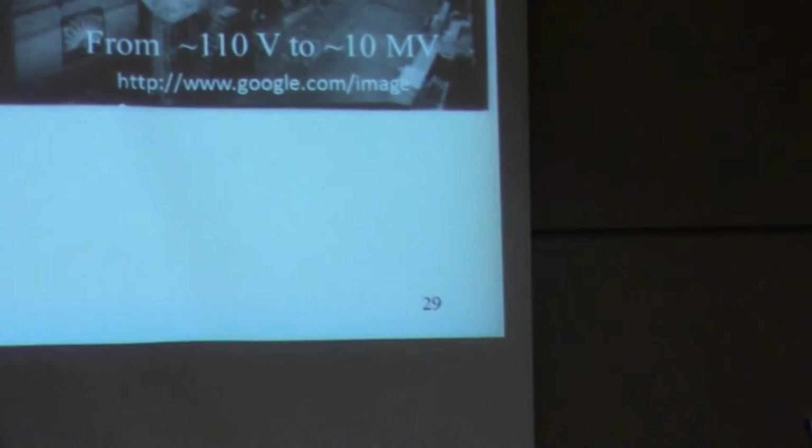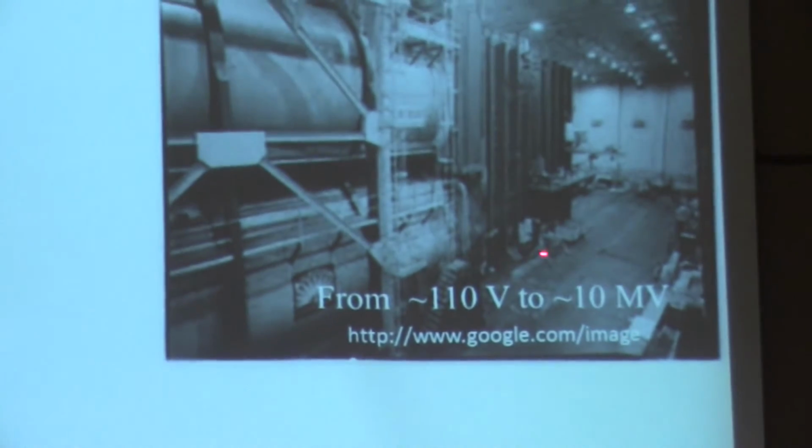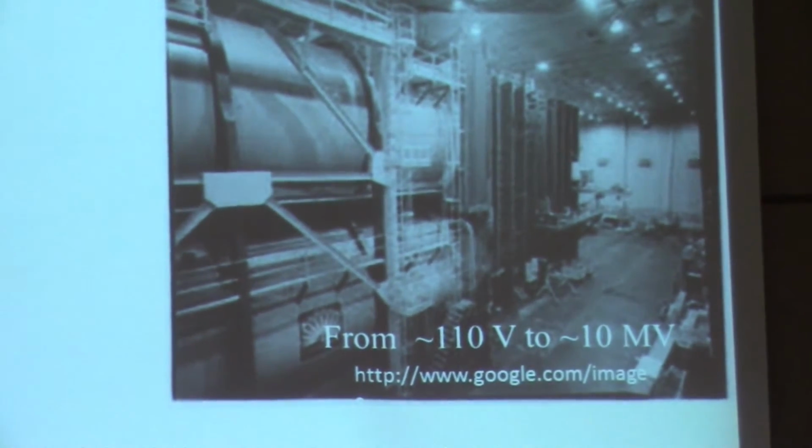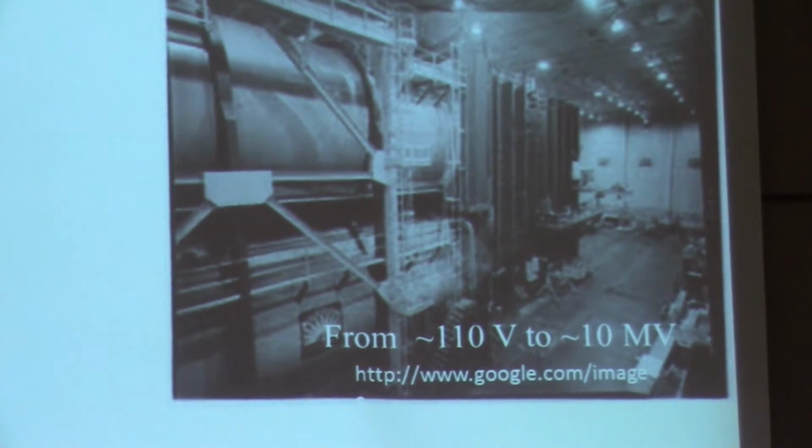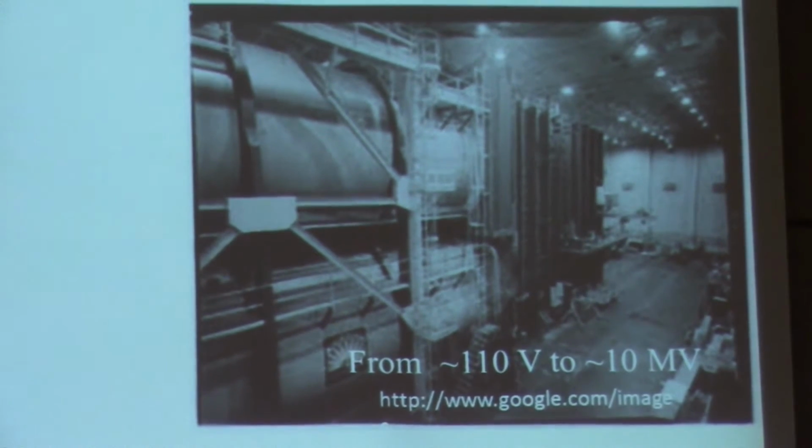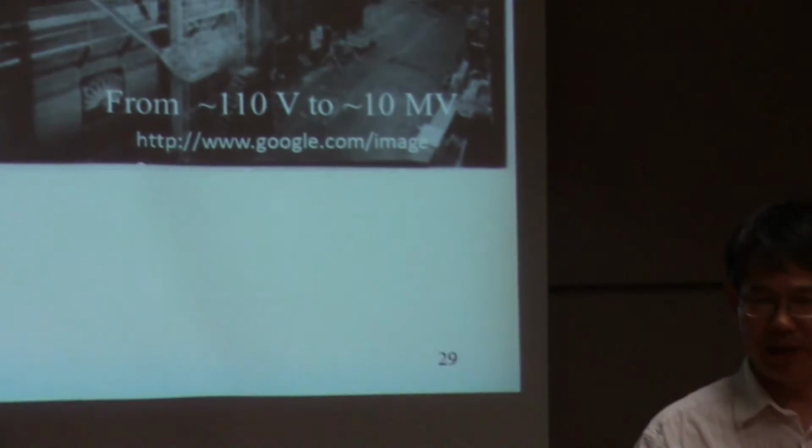You probably need a very strong X-ray machine, right? So this is actually something like that, the X-ray machine. You needed to have 10 megavolts of voltage to generate very strong electron beams, and the electron beams will hit a target and generate very strong X-rays. The strong X-rays will penetrate and see through a large piece of bulk material.